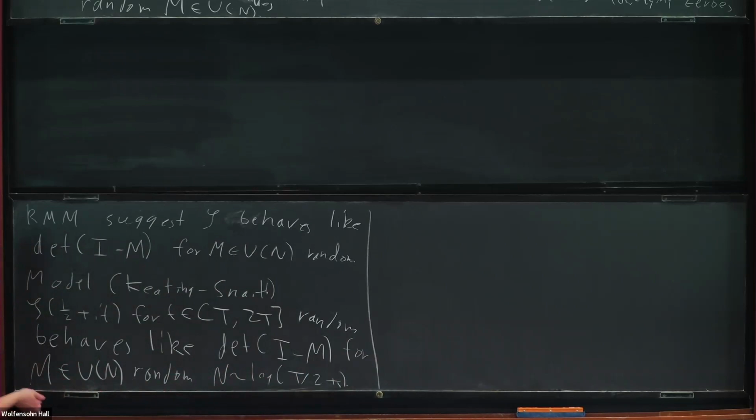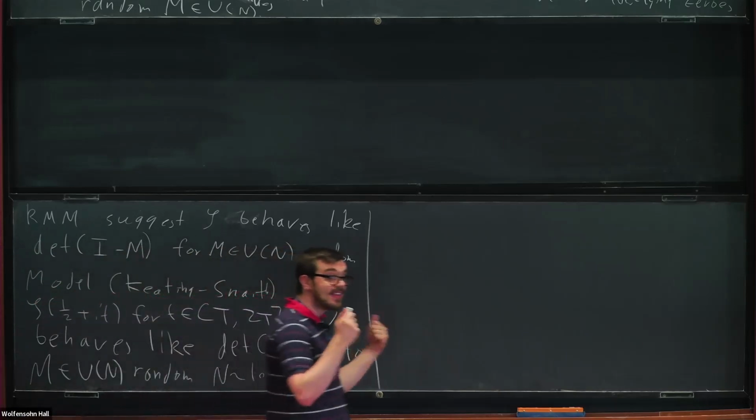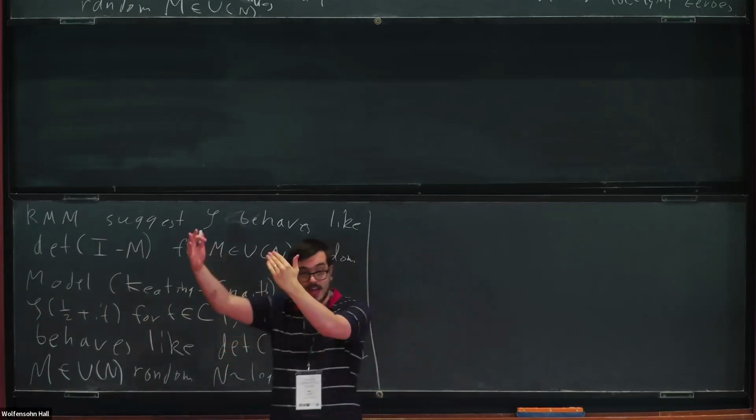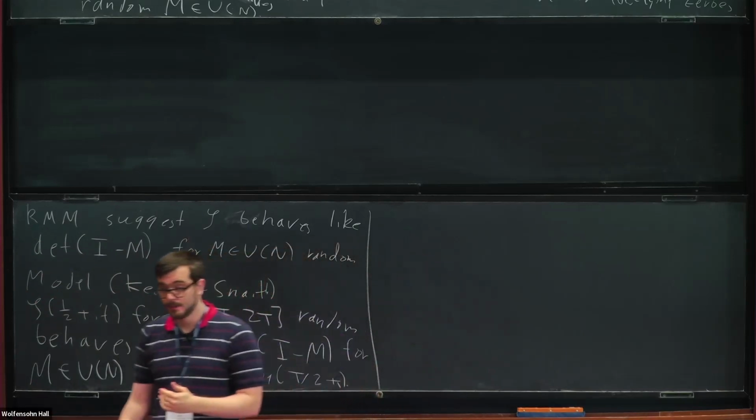So both the distribution of the values of zeta and the values of the characteristic polynomial are diverging, as T goes to infinity on one side and as N goes to infinity on the other side. But if we find the right exchange rate between T and N, if we match up the growth of T and N, then maybe they diverge at the same rate, and the distributions actually stay close together, even as they go off to infinity.